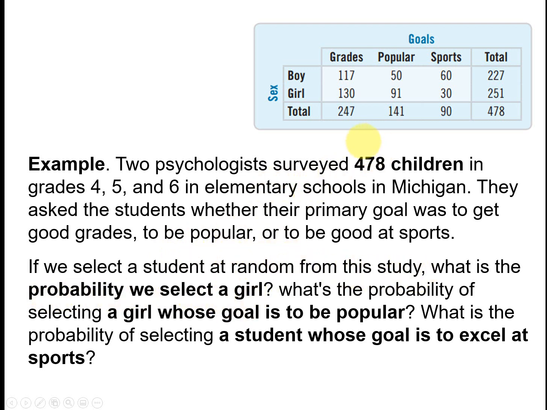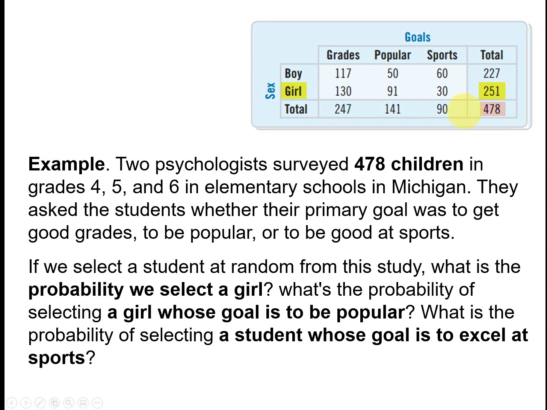girl? To answer that, we can easily verify there's 251 girls, and the total number of students surveyed is 478, so there's the highlights, and this is the mathematical work: 251 divided by 478, and that equals 0.525. The next probability, selecting a girl whose goal is to be popular.